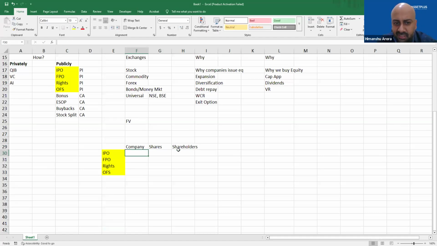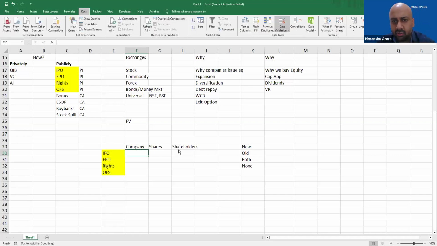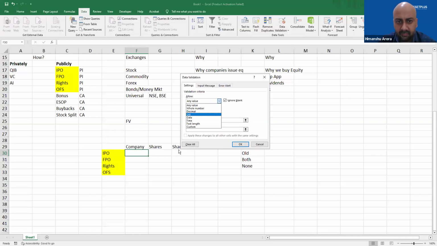Guys, in all these boxes, you can only write these 4 terms: new, old, both, or none. In all these boxes. Sounds good?